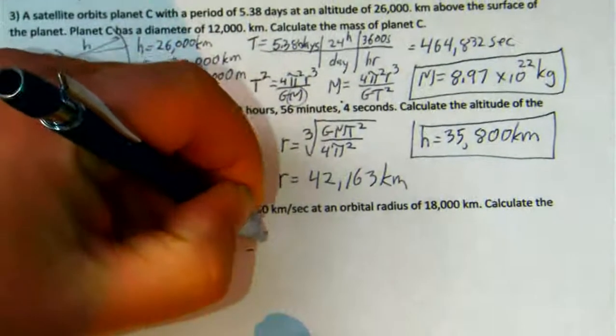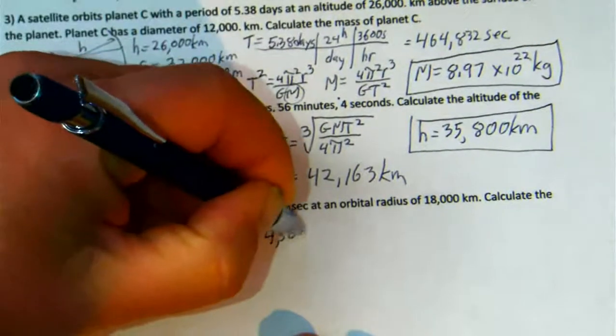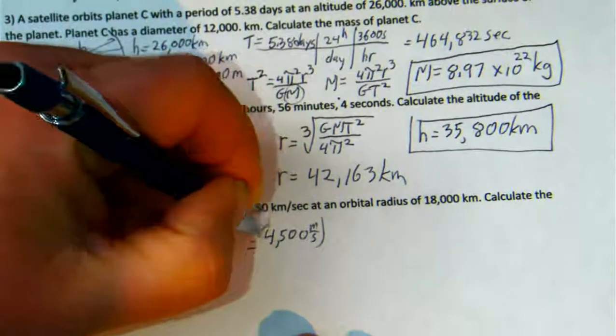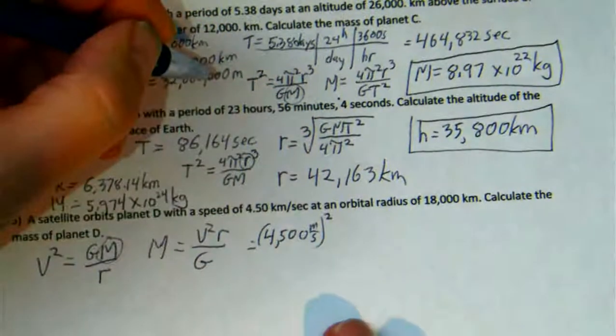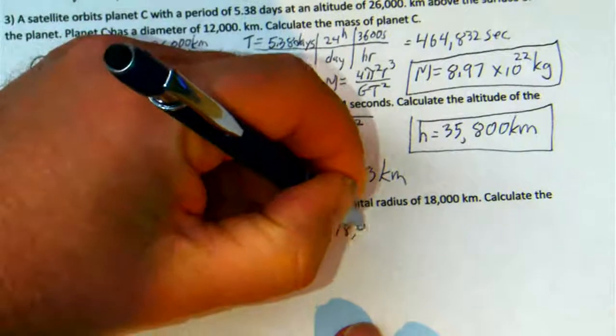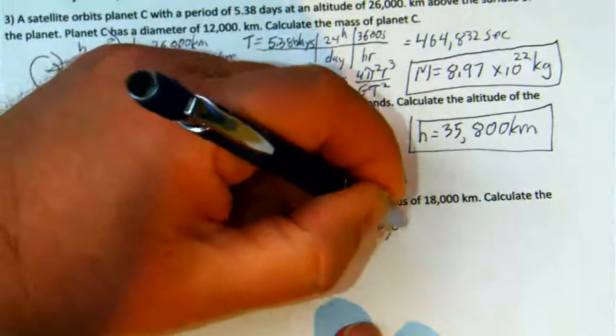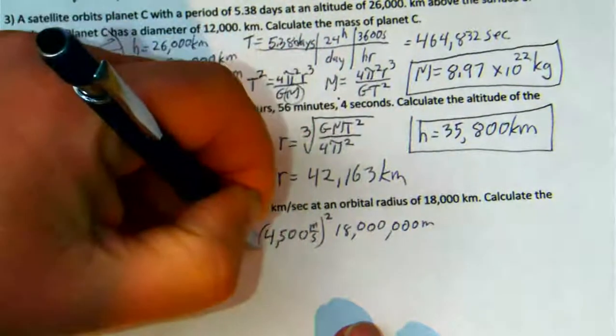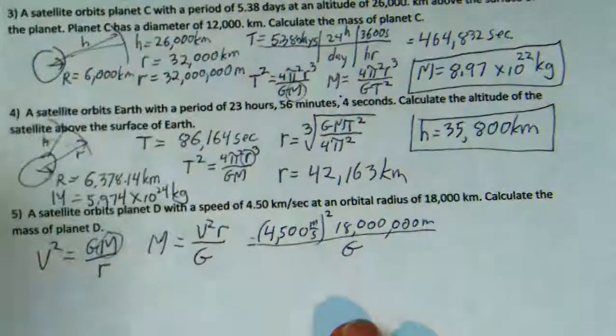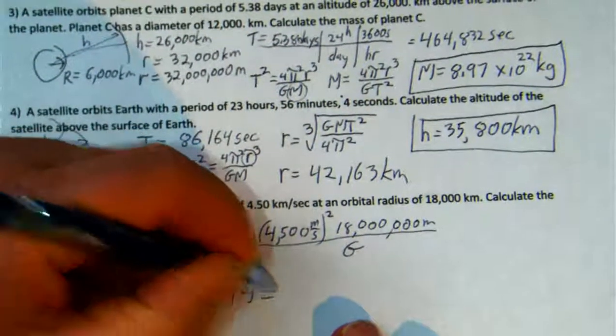So this is going to be 4,500 meters per second squared times 18 million meters divided by the universal gravitational constant.